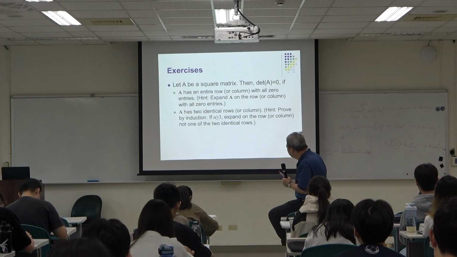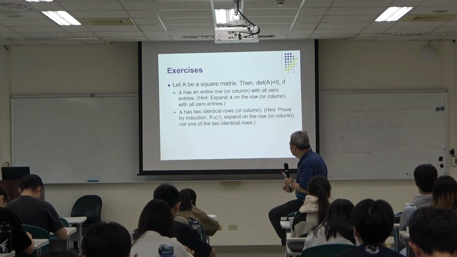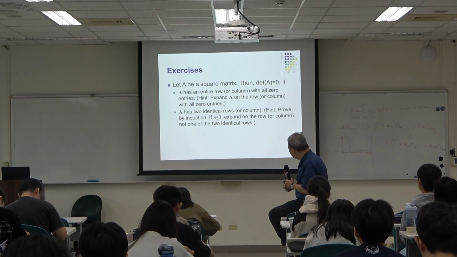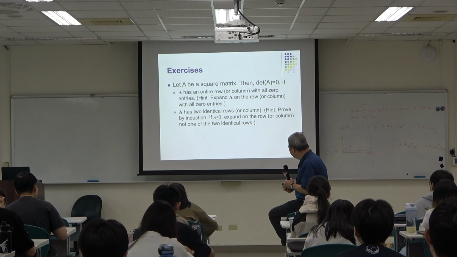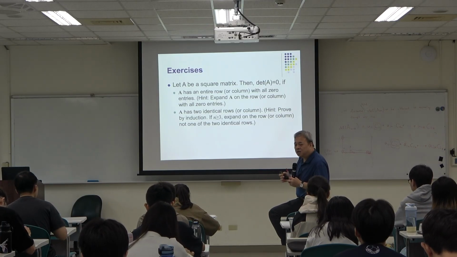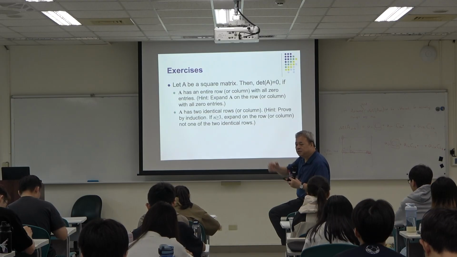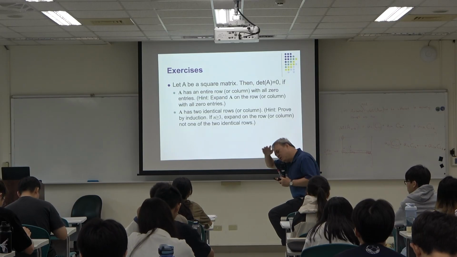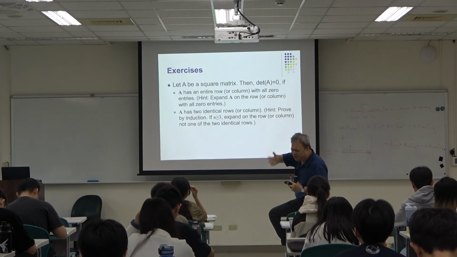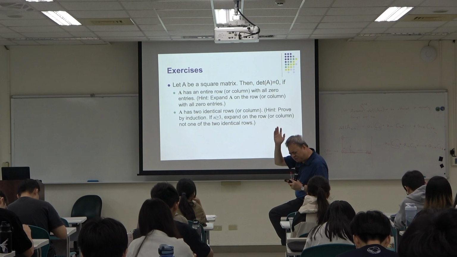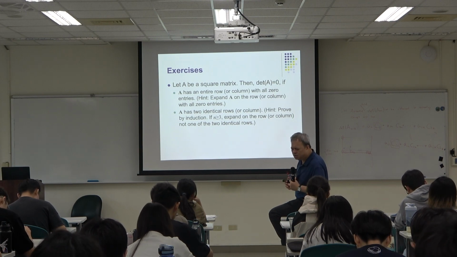By the way, if A has a column with all 0, the determinant of A is 0 too, because we can expand through any row or any column.